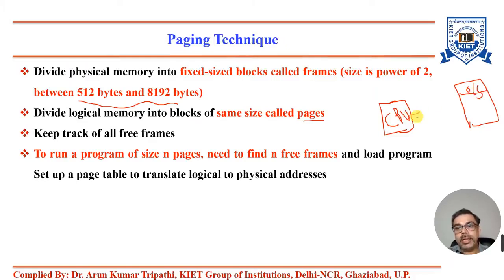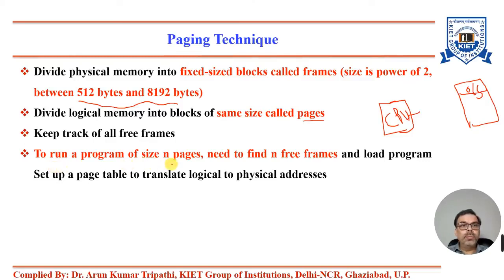Whatever address is generated by the CPU is known as pages, and the address representation in the physical memory is known as frames. That means we have to map pages into frames. It should be noted that the size of the frame and the size of the page must be equal.